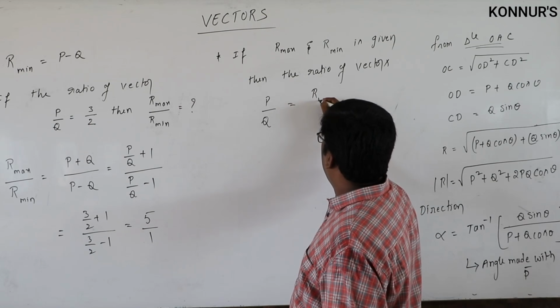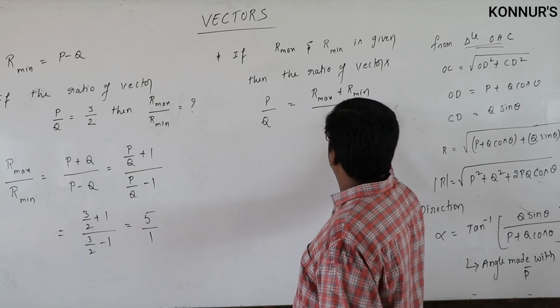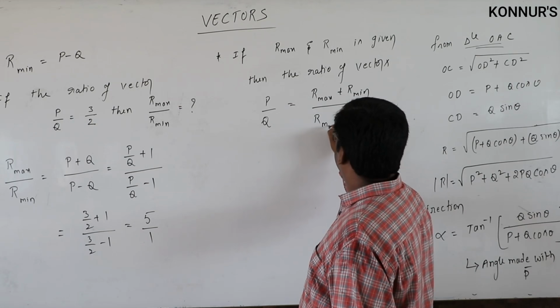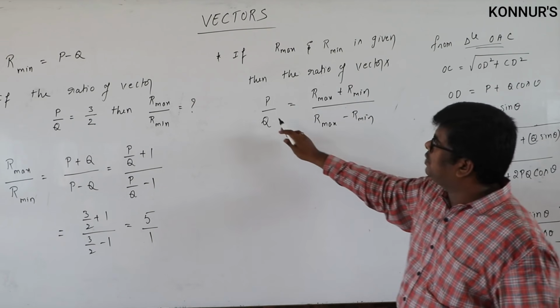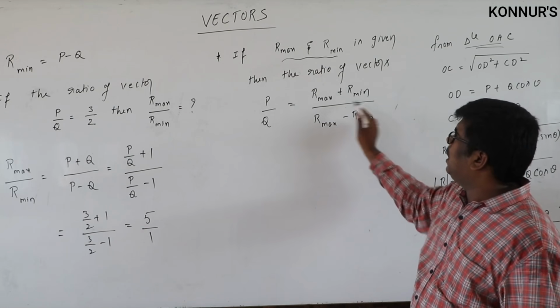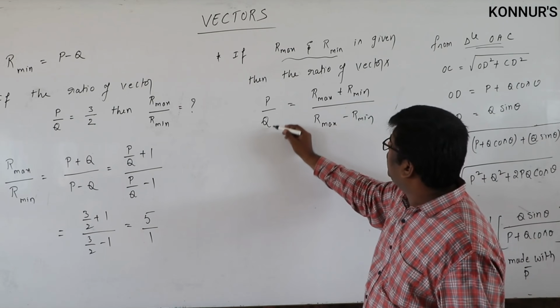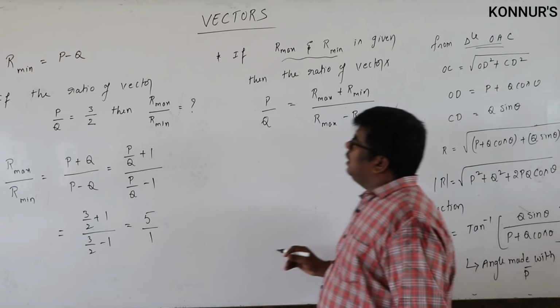Then you will get r max plus r minimum by r max minus r minimum. So if they provide r max and r minimum, you can find the ratio of vectors p and q like this.